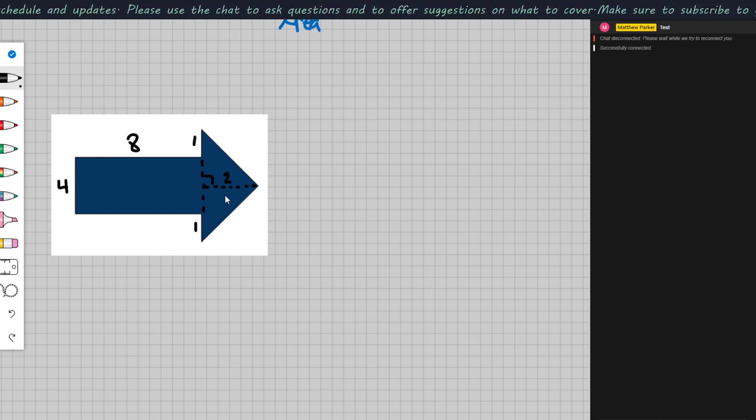Probably the best thing to do in my mind is to cut here, since it's already cut for us, and have a rectangle and a triangle. I've seen students separate the triangle, so they do 2 triangles and a rectangle. You could make this an entire big rectangle and then subtract the little one out.